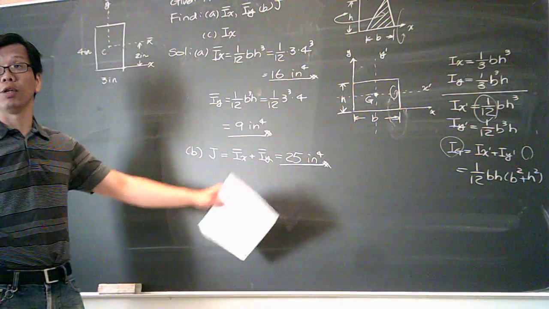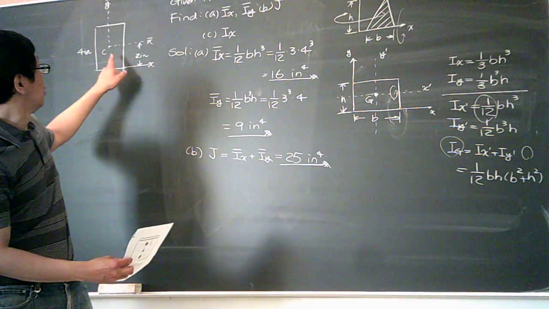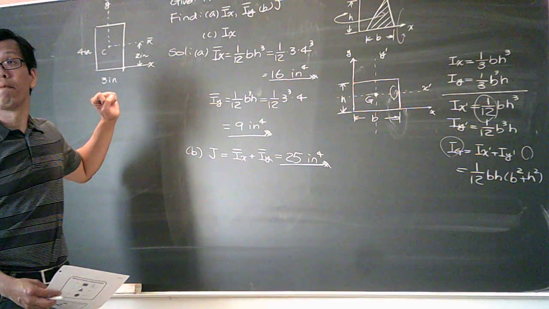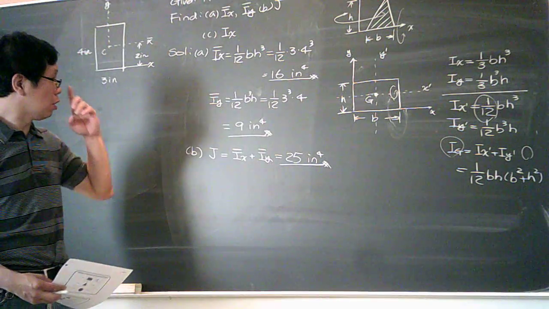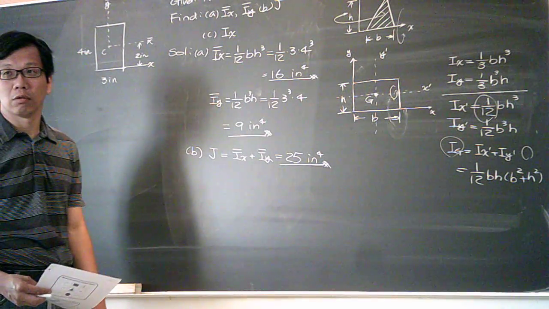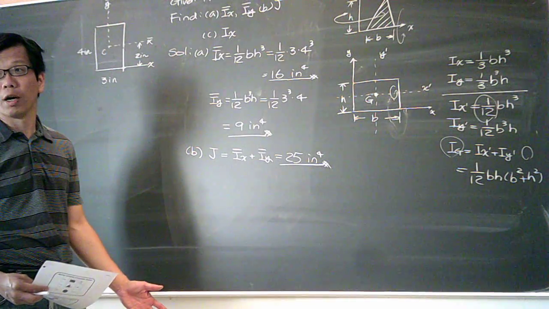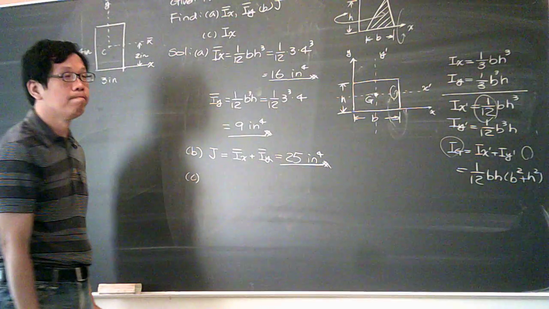That is what we have for the polar moment of inertia for a rectangle. So far, there is nothing difficult, right? I'm just using the formula.